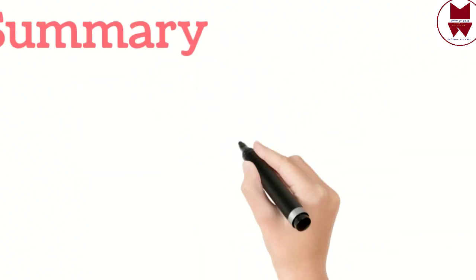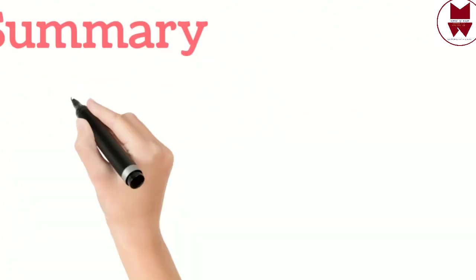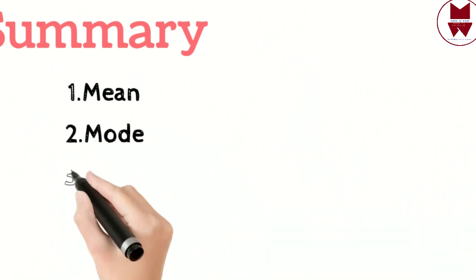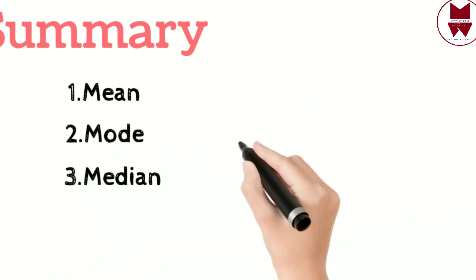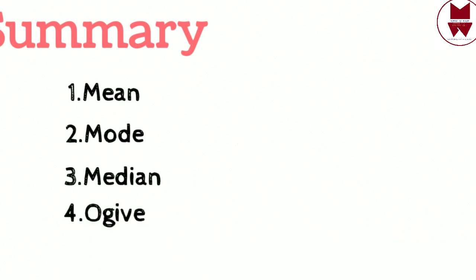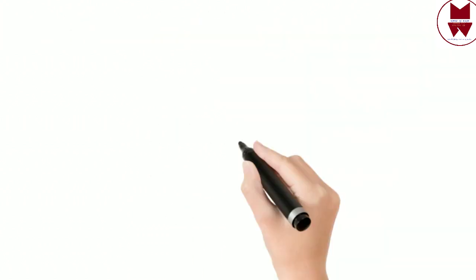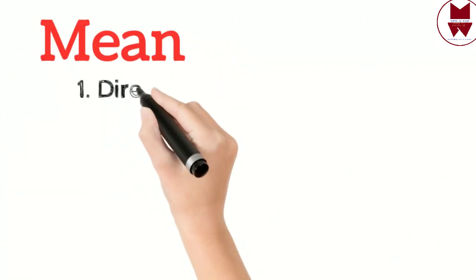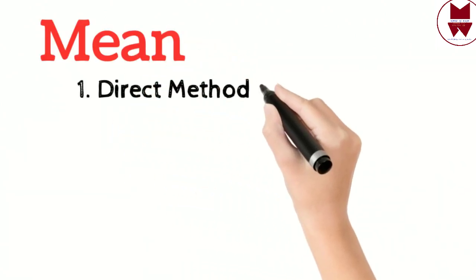Now we can see the summary of this chapter. In this chapter we have studied mean, mode, median and ogive. First one is mean. We have studied 3 types of methods.